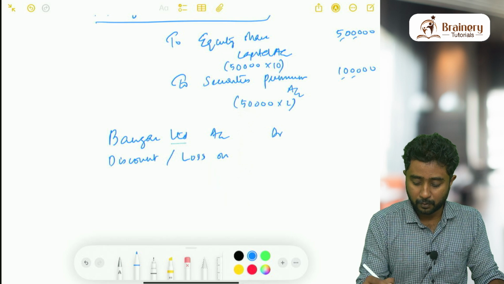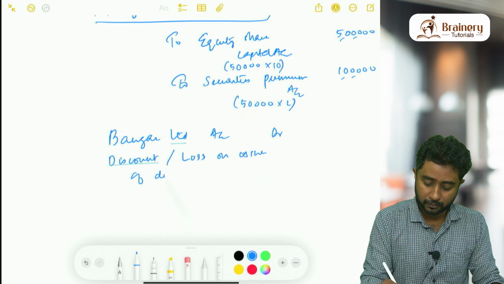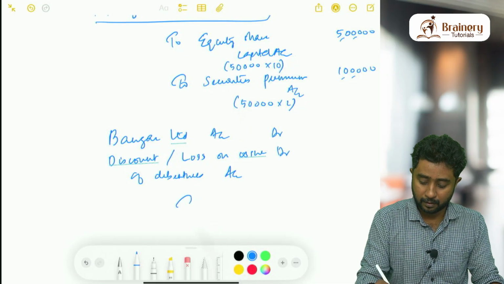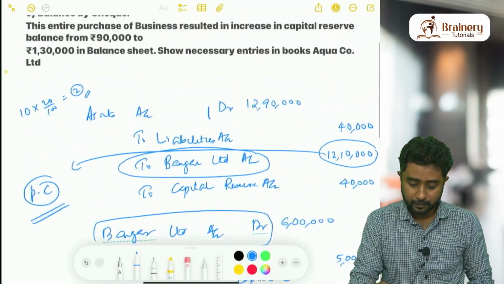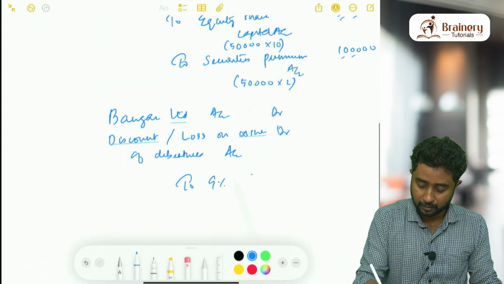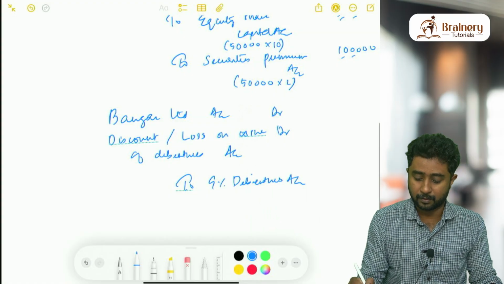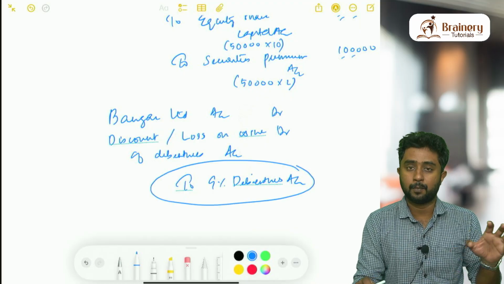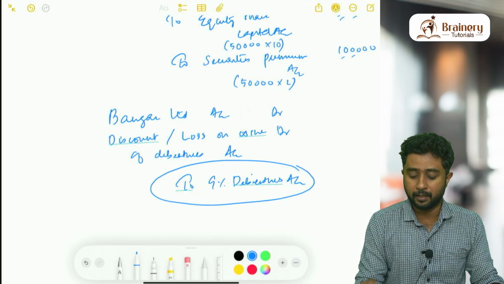Instead of discount, mostly we will use loss on issue of debentures account, debit to 9% debentures account. Now we need to find out how much is the discount, how much is the debentures amount, and how much we should write in Bangar Limited.